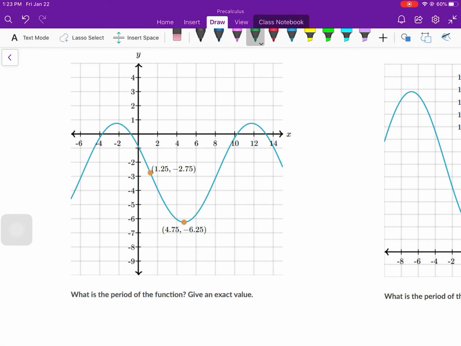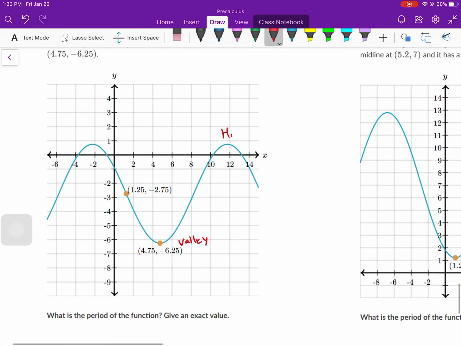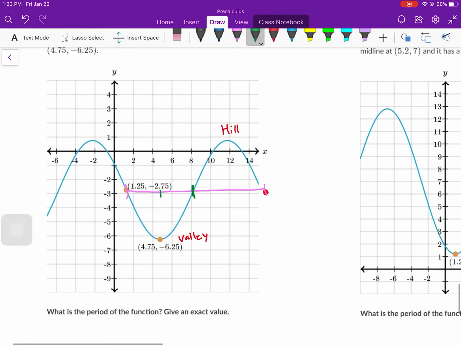Okay, now we're starting on the midline. So we want to go through, here's a valley, here's our hill, and we want to end on the midline, which would be over here. So we're going to be finding that horizontal distance there. Now, this right here is the halfway point. Put it in green. That's the halfway point. We have halfway to that halfway point. The 4.75 and the 1.25, if we subtract those, 4.75 minus 1.25 is going to be 3.5.